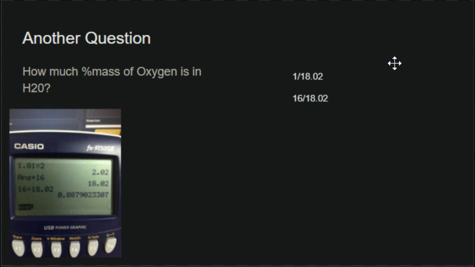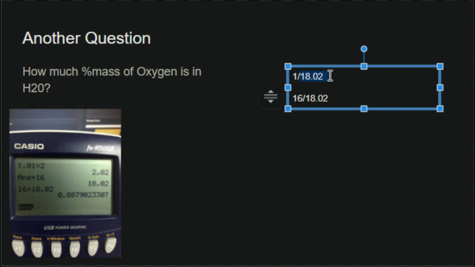Here's another question. I'll also ask you the percent mass of some element in some compound. For example, what is the percent mass of oxygen in H2O? As I said earlier, the molecular mass of H2O is 18.02.